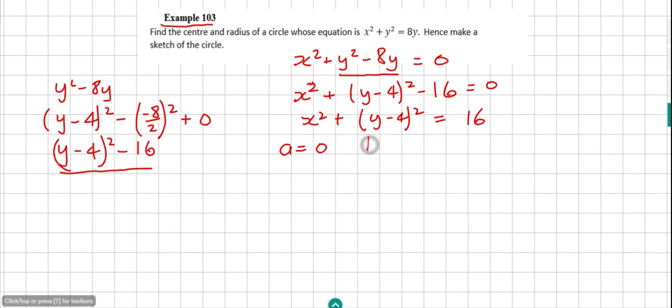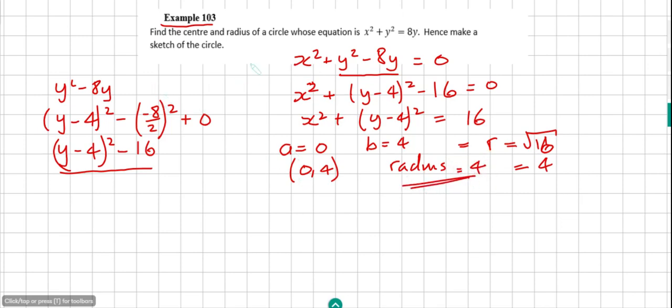The value of b we can see is 4, and the value of r squared is 16, so r is going to be equal to root 16, which means we've got a radius of 4. So the center of our circle is (0, 4), and the radius is equal to 4.